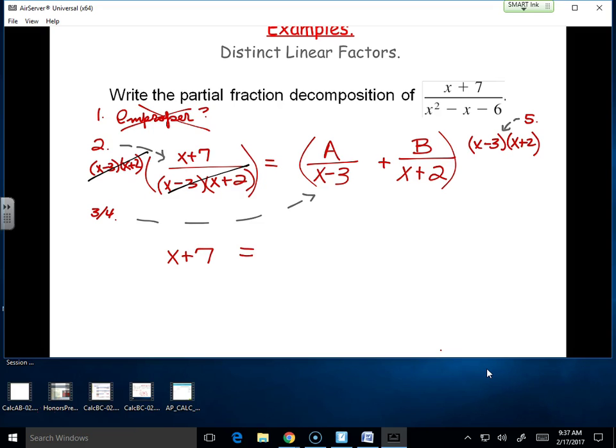We're left with just x plus 7 on the left side. On the right side, okay, this whole shebang needs to go to everybody. So, times a over x minus 3. Hopefully you won't have to write this every time, but just to make sure you guys understand the process, I'm writing it the long way the first time.